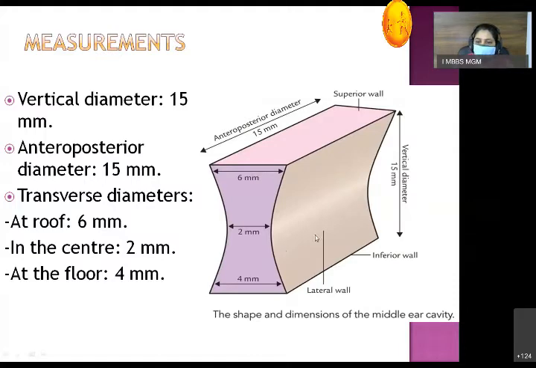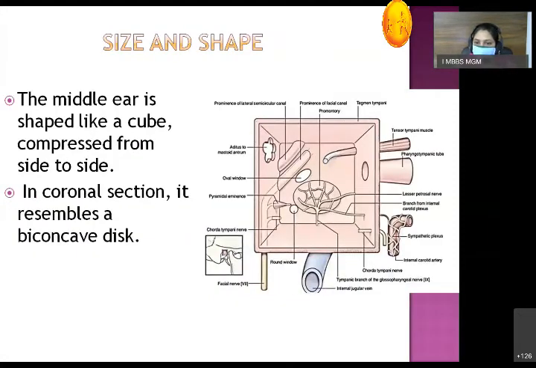It is compressed from medial side as well as lateral side. So this is the lateral wall. Opposite to this is the medial wall of the middle ear cavity. Right? It is like a cube.